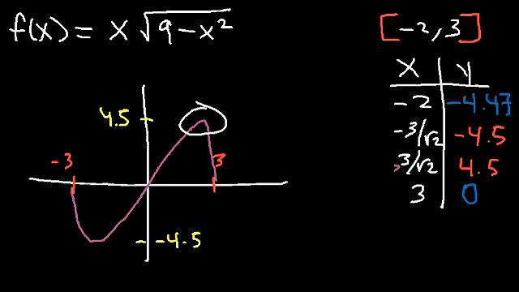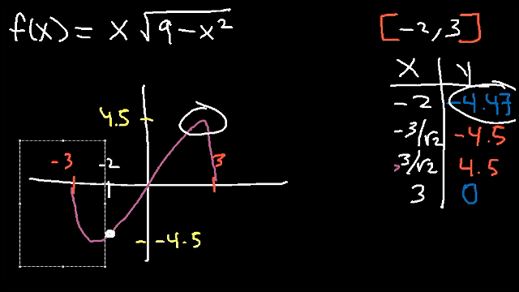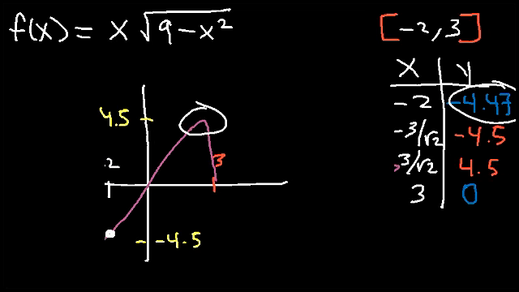Now at negative 2, that's where we have the endpoint, which is just above negative 4.5, and that's negative 4.47. So we really need to take away this portion of the graph, because it starts at negative 2 and it ends at 3.